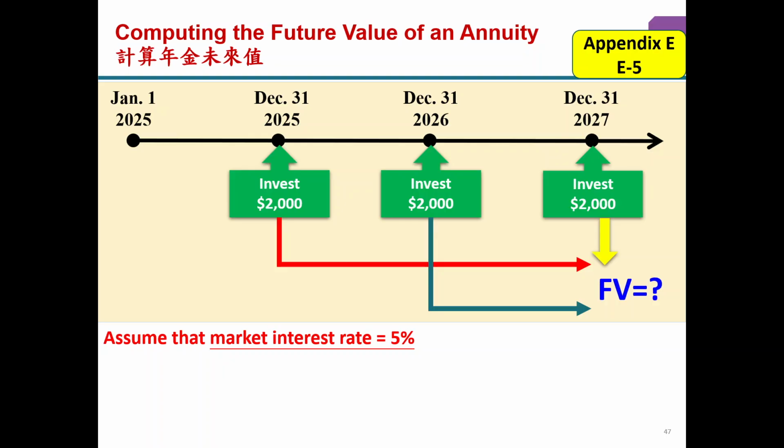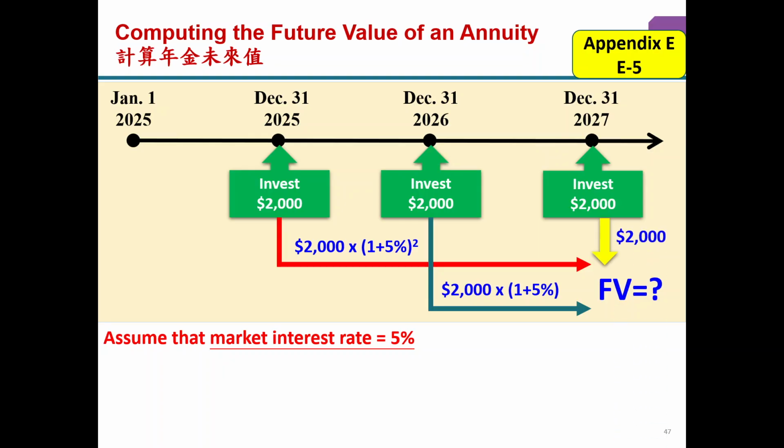How many periods do you have? 1, 2, right? So when I try to get the future value for your first $2,000, it passed 2 periods. So what's the exponent? 2. How about your second $2,000? It passed only one period, so you multiply only one time. Market interest rate right here is 5%. How about your last one? It's the same day, right? So it's $2,000. Okay?